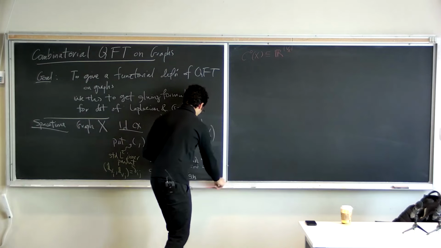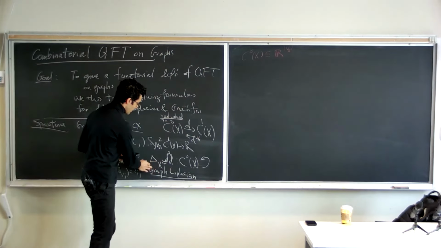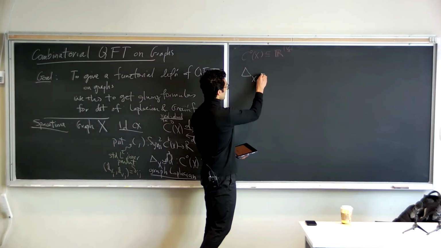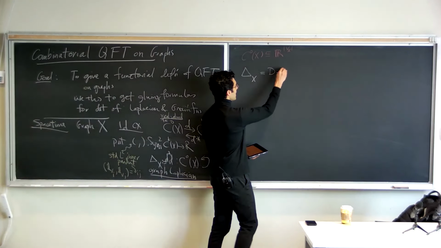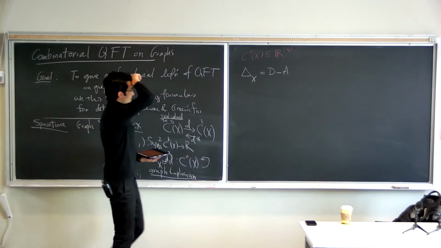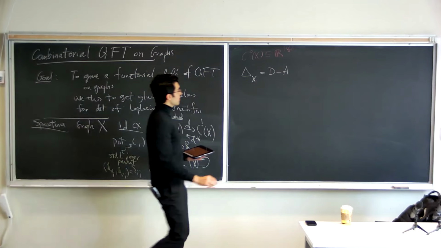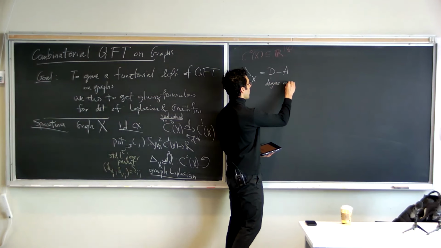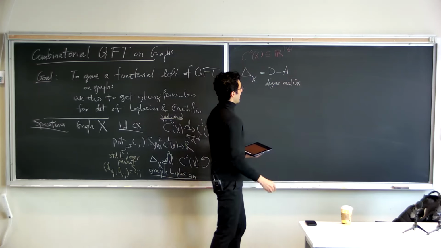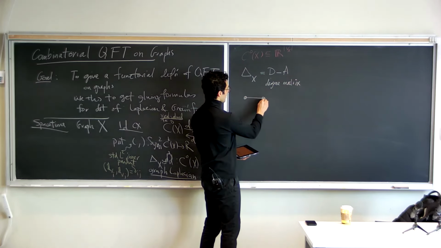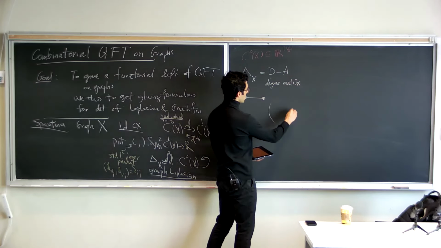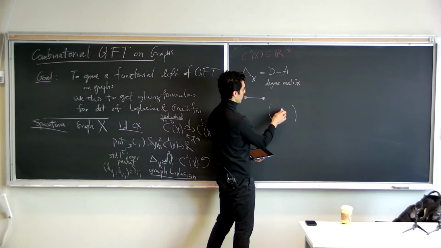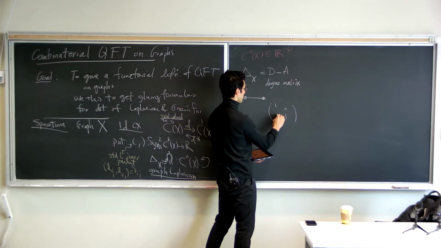Okay, but let me tell you the other way of writing the graph Laplacian for a simple graph. You can write it as the difference of two matrices in this distinguished basis. The first one is the degree matrix, where for this graph X, you put the degree of each vertex on the diagonal.